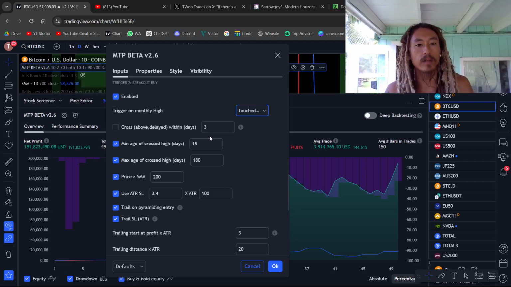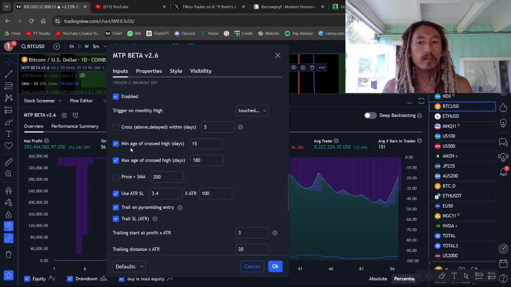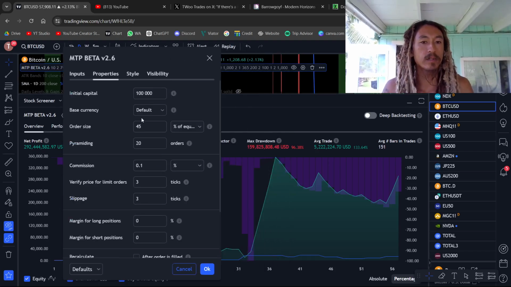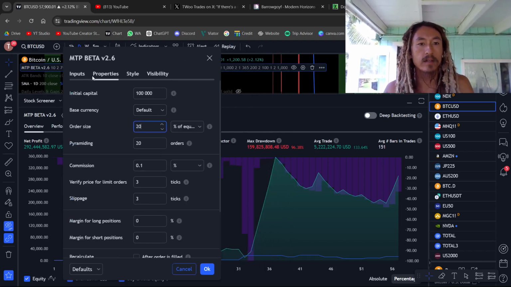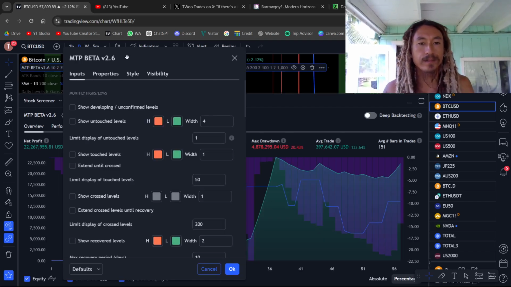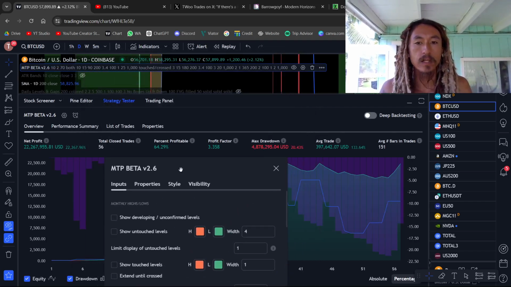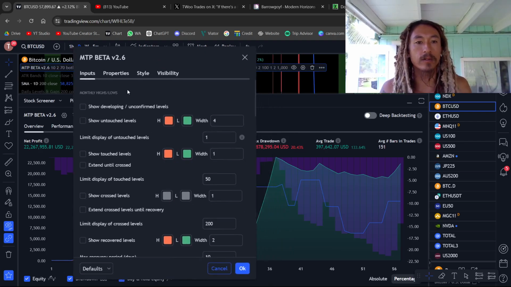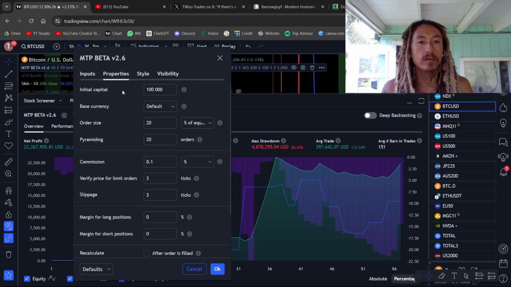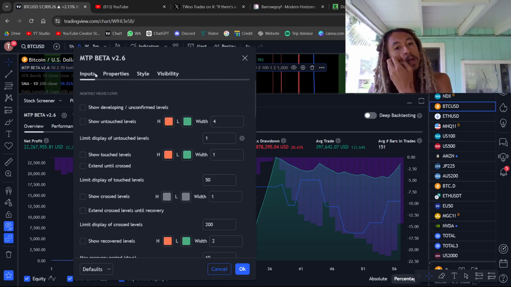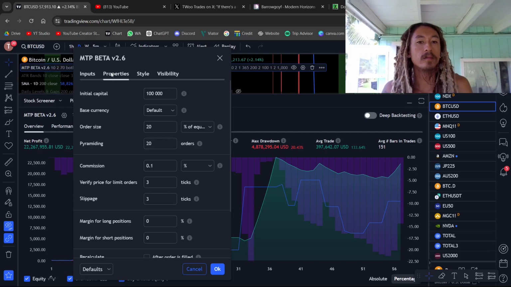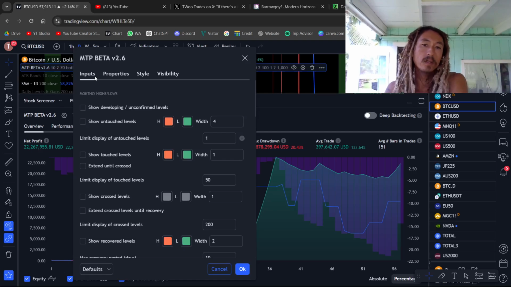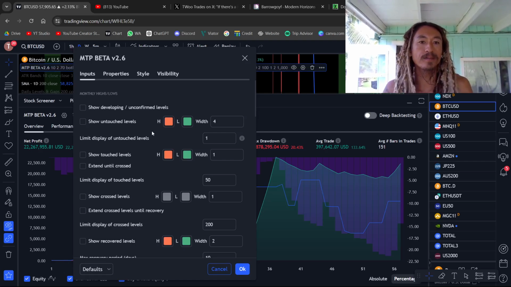Yeah, that's the one. Just touching it is good. 96% drawdown. We don't want that. Let's reduce the size. 22,000% return with 20% drawdown. Pretty interesting stuff here.